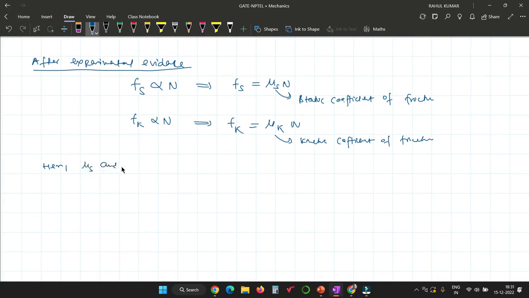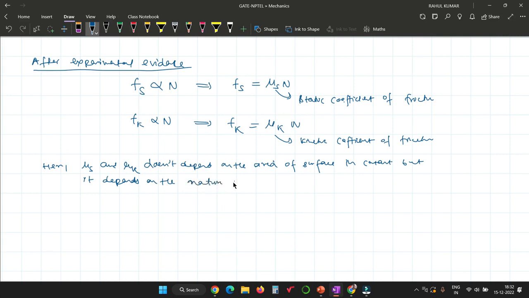Here mu s and mu k do not depend on the area of surface in contact, but they depend on the nature of the surface.